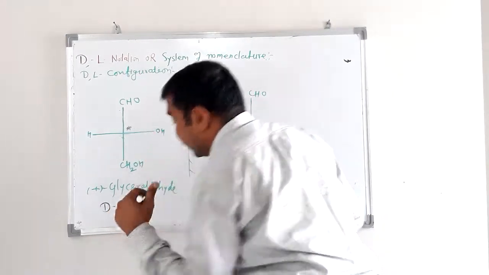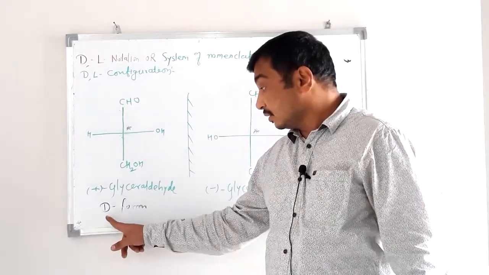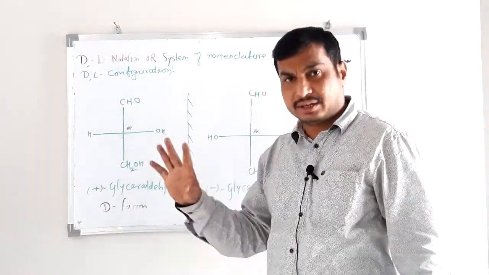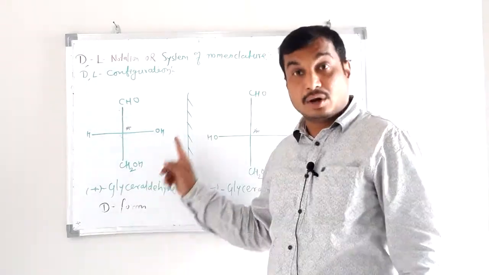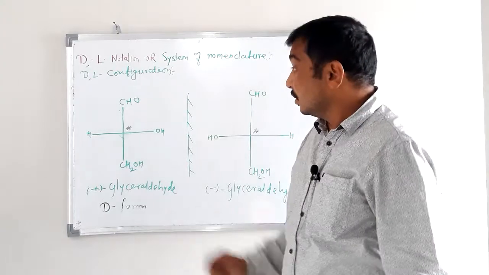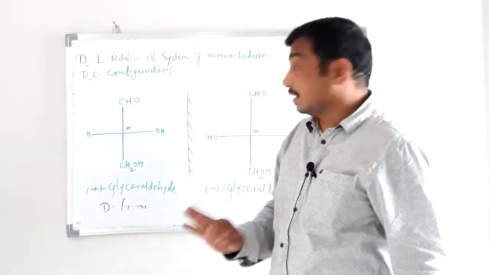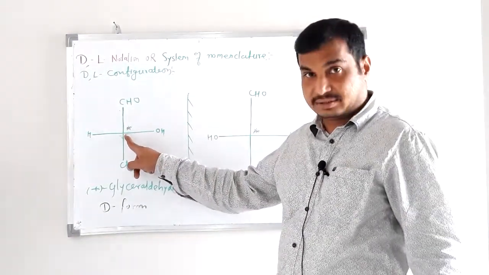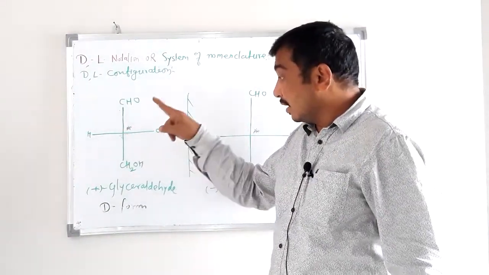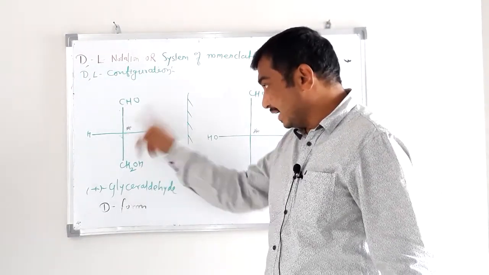What does capital D indicate? This notation, capital D, is just a notation. On what basis is it assigned? We have to consider the last chiral carbon atom in the molecule. Here the last chiral carbon atom has the OH group on the right side.